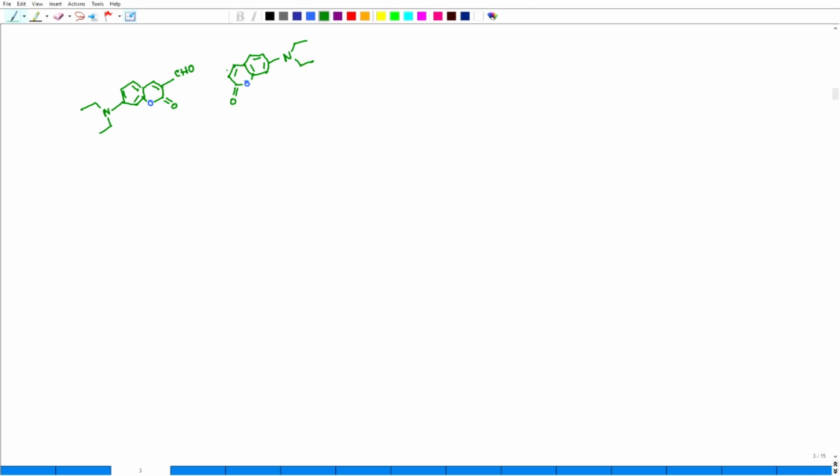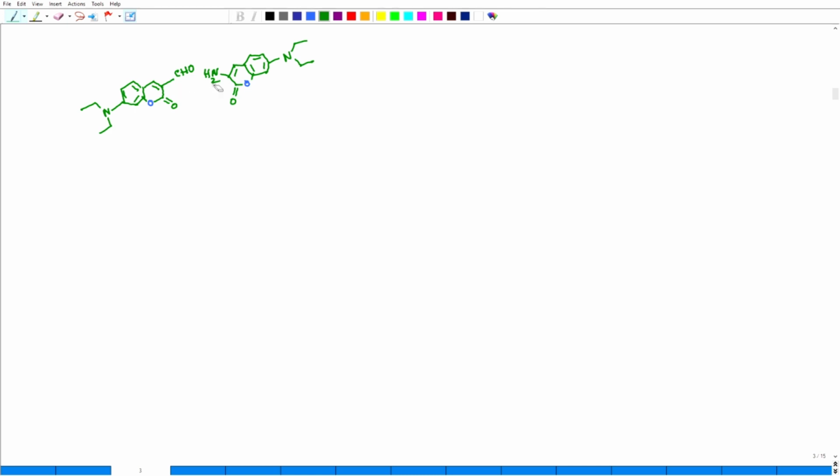Amine here, NH2. I told you that most of our cryptands are made by condensation of amine with aldehyde. So, when you condense them, you get an H2O out.